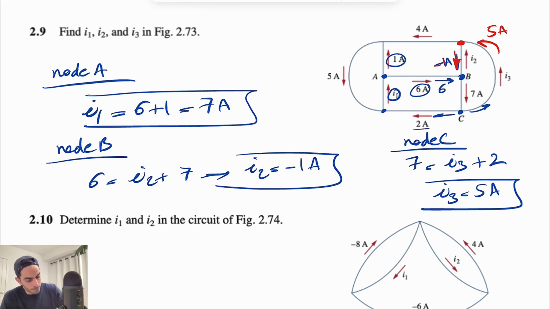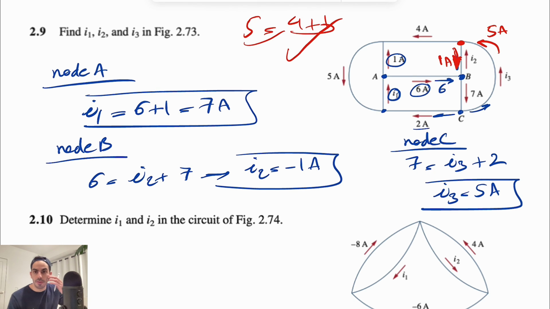So we have 5 amp entering the node, and we have 4 and 1 amp exiting that node. We know that I2 is negative, and this direction already shows the direction of I2. So this is 1 amp, so 1 plus 4 equals 5, and that shows everything's good, and we can verify our answer.